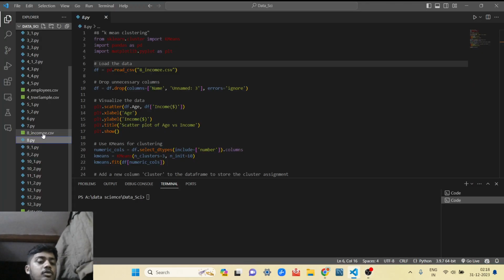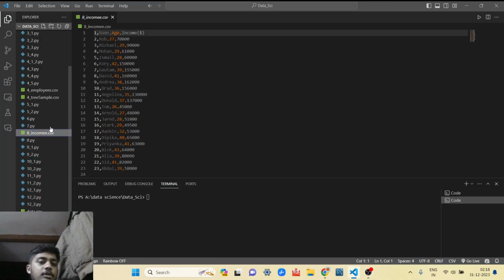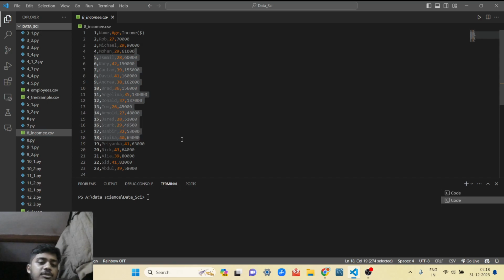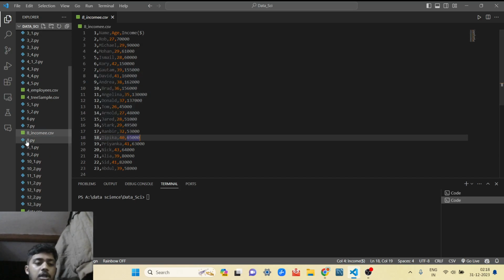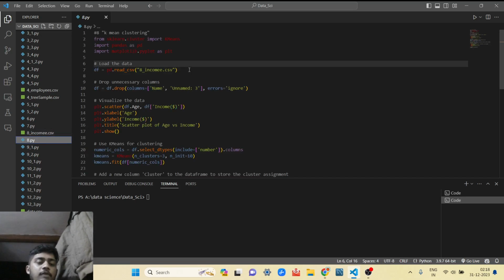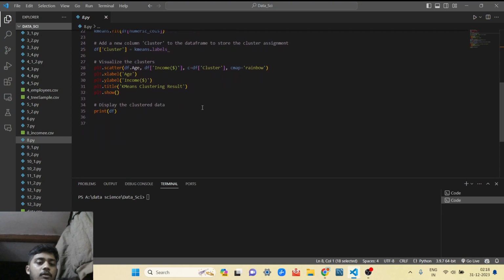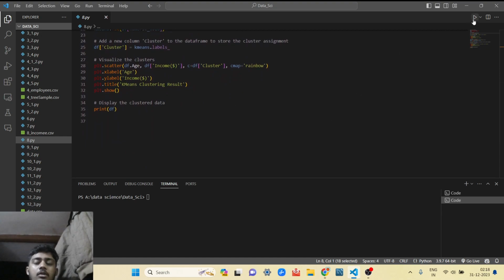We have also given the CSV file for different data sets, with name, age, and income; all the names, ages, and incomes were given. We have used this CSV file in our code too, for example read CSV with the name of the CSV file, that is 8/income.csv. Now let's check whether the clustering has been done or not.